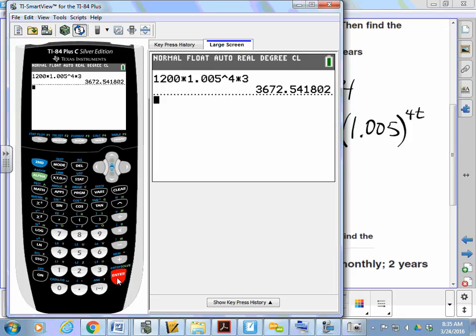Okay. Right. So what happens in the old calculator is it raises it to the 4th power, takes that answer, and multiplies it by 3. So if you end up with one of those old calculators, you would need to raise it to the 12th power or put the 4 times 3 in parentheses to get the right answer.